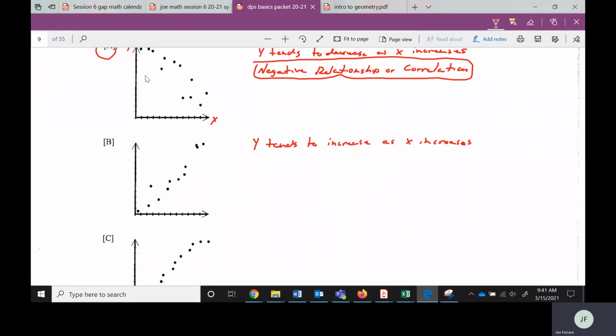Or you could think of it as from left to right, it goes down as negative. From here, left to right, it goes up. So this is a positive relationship or correlation. Again, if my handwriting is too sloppy, hit pause. You'll be able to figure out what it says.